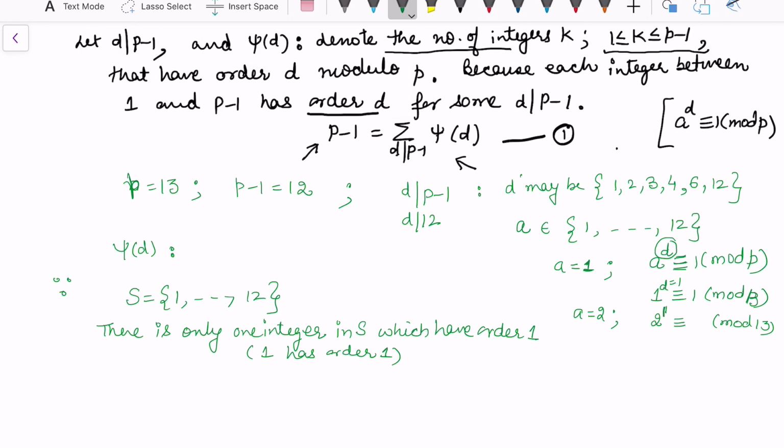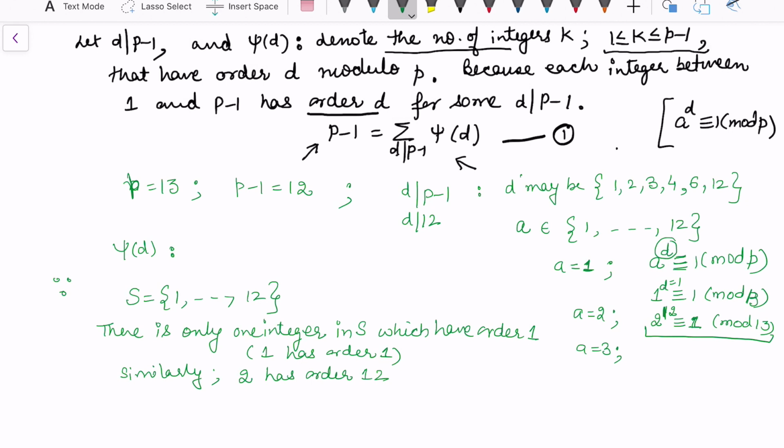We will see that it is only 2 to the power 12 that comes out to be congruent to 1. In none of the smaller cases is it congruent to 1. So 2 has order 12.